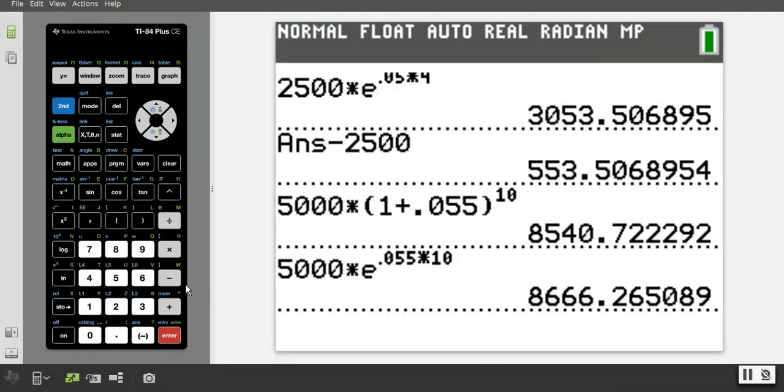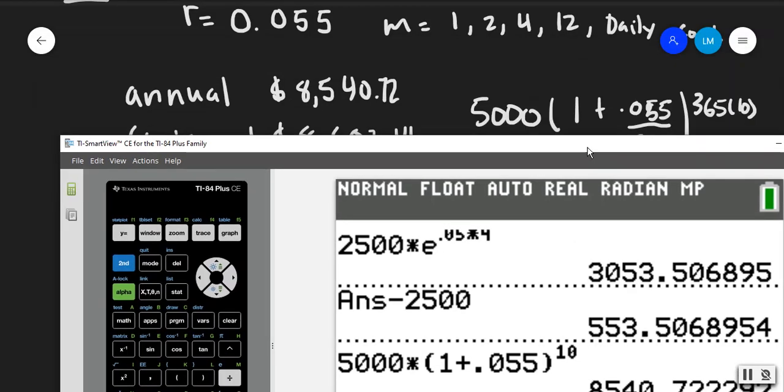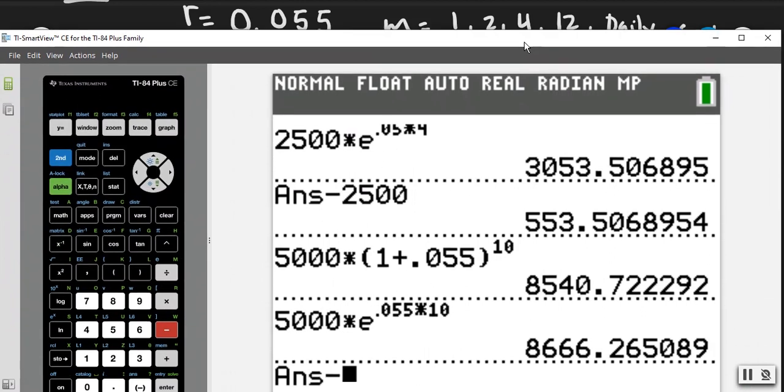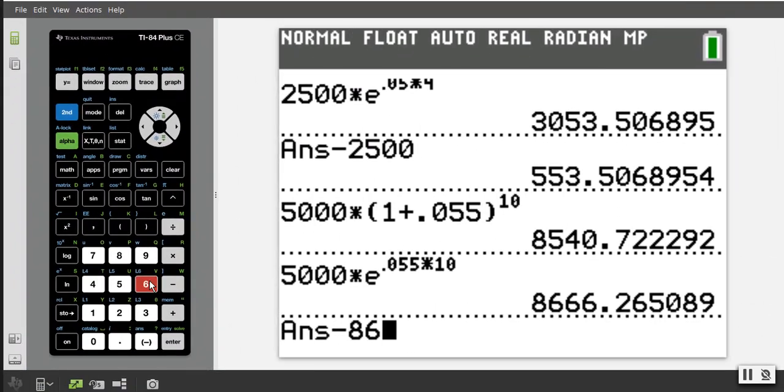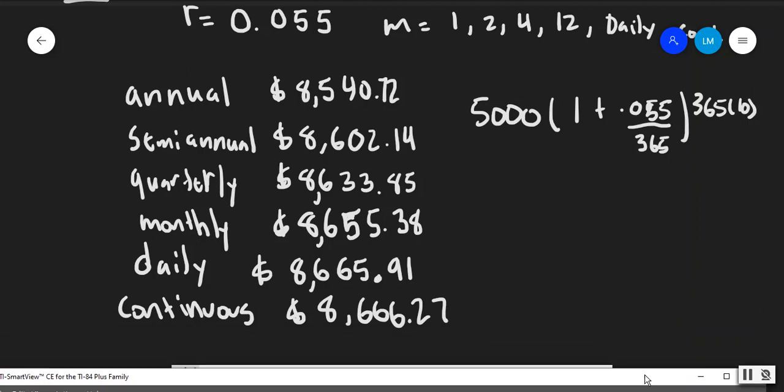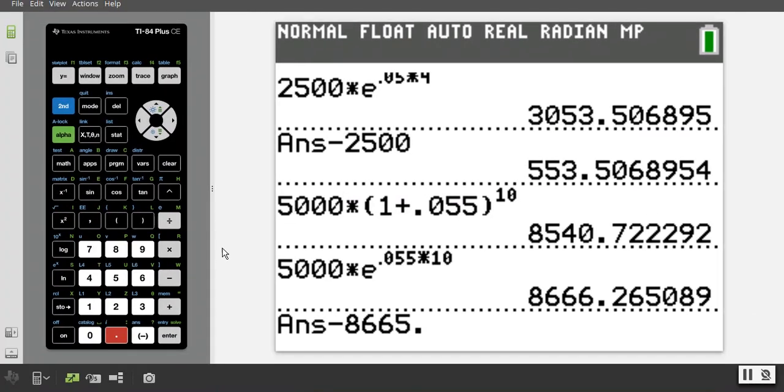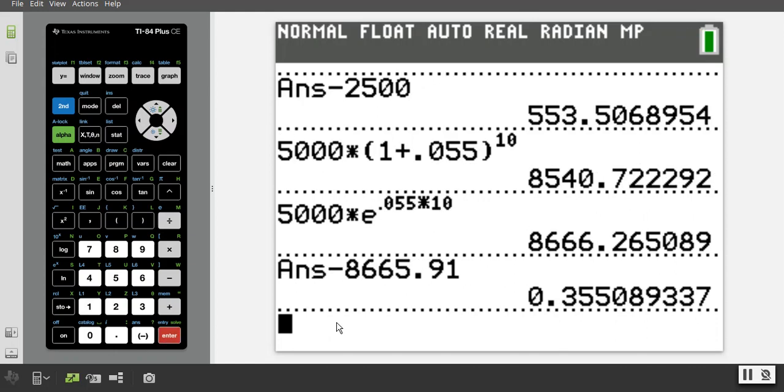So like, we take minus the previous amount of 8,665 and 91 cents. So we get that it only increased by 36 cents in that case.